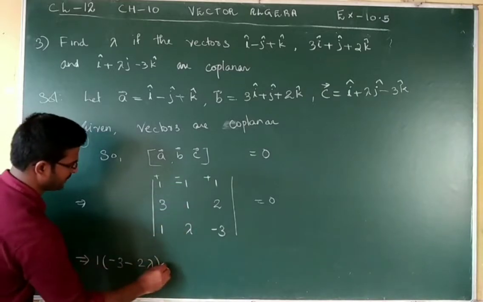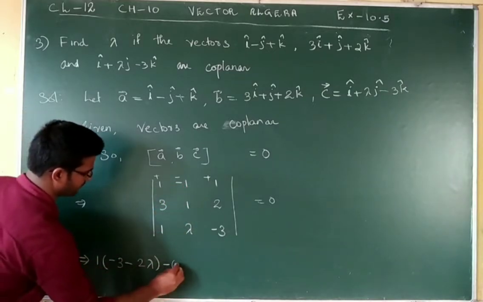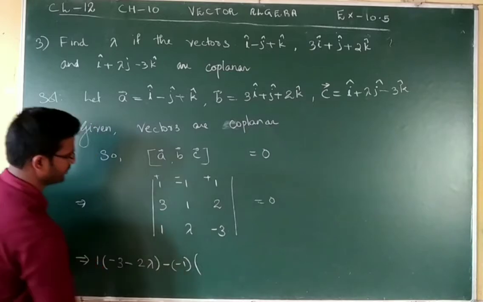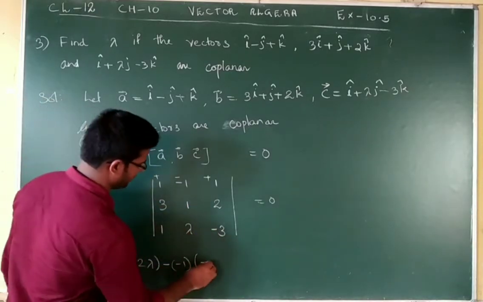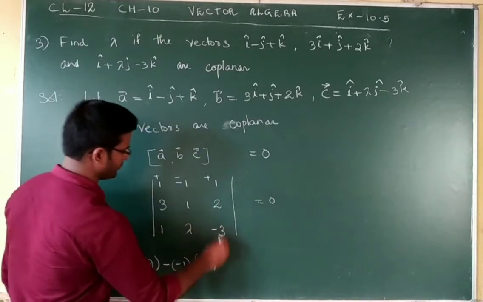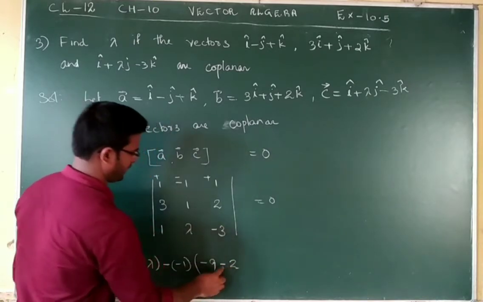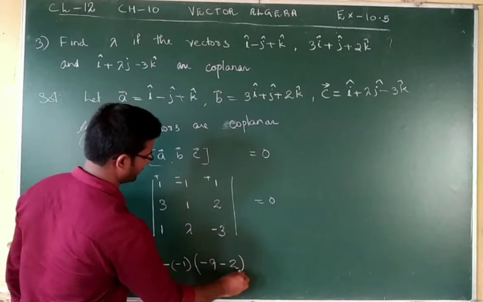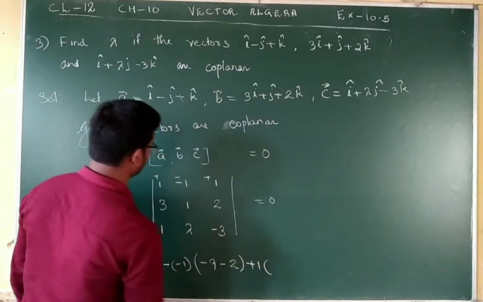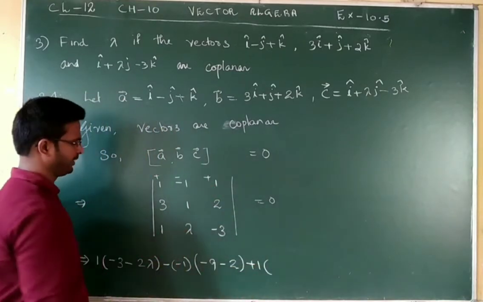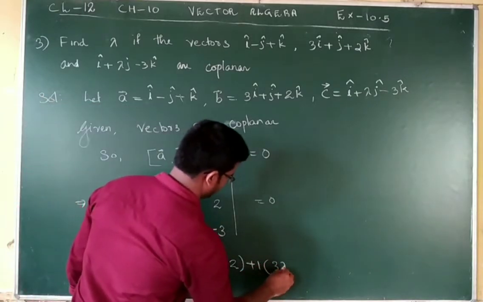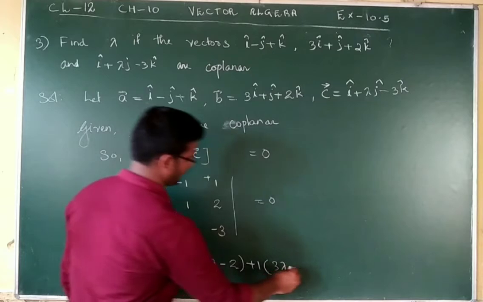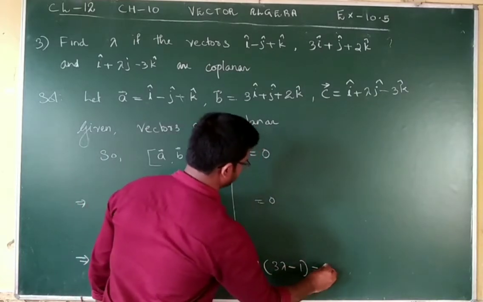Then we can write minus in here, again minus 1, into, leave first row and second column, 3 into minus 3, minus 9, 1 into 2 is 2. Minus is always we have to write in the middle. Plus 1 into, we leave first row and third column, 3 into lambda, 3 lambda minus 1 into 1, 1, equal to 0.